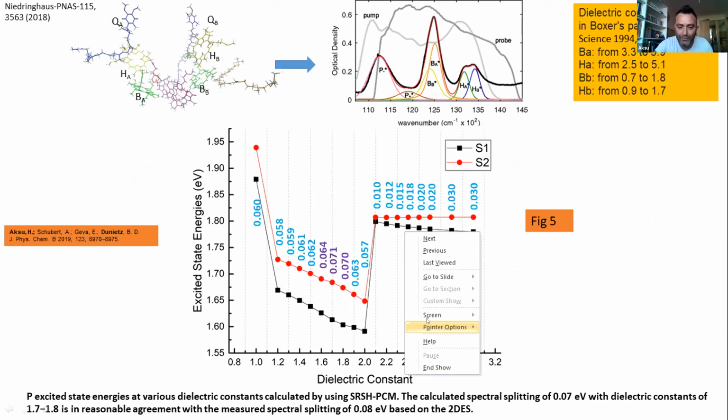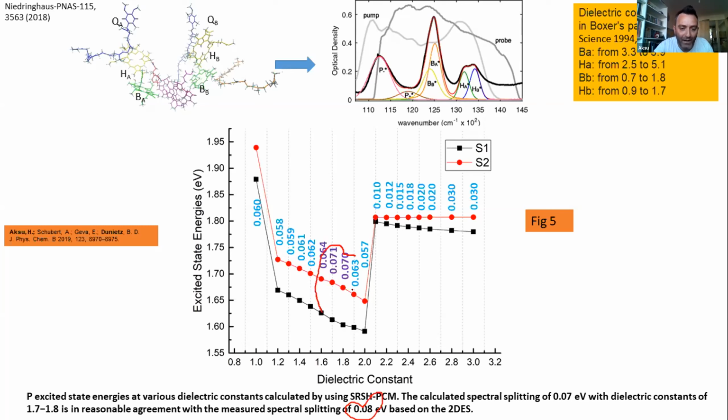Sorry, I have to show this. Here is the experimentally found shift. We also found this shift around a dielectric of 1.6 and 1.8. Usually we know that the special pair dielectric environment is around 2. This shows the success of the screened SRSH functional.